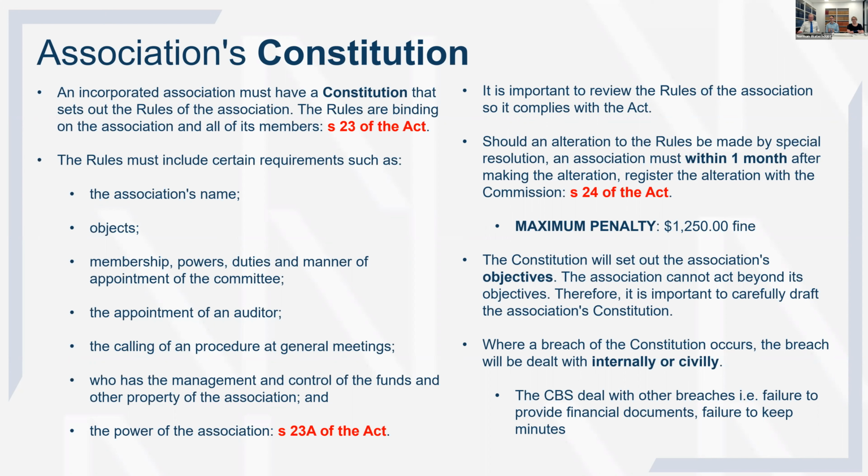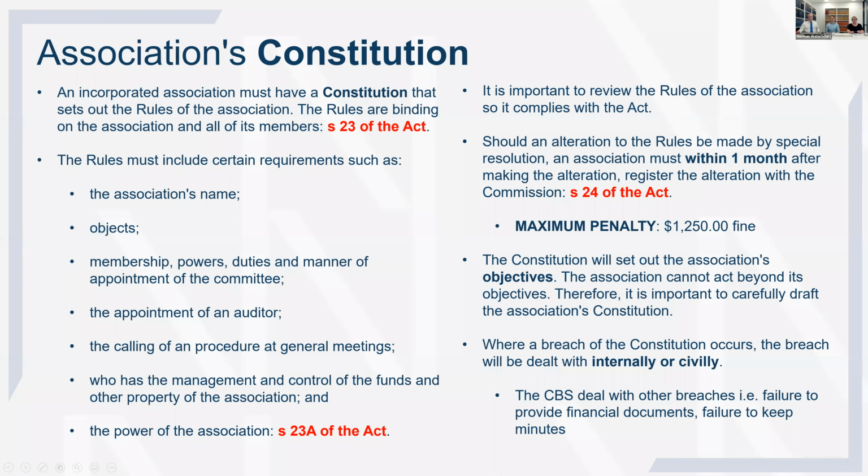It's important that an association does not go beyond those objects, otherwise they could be in breach of their constitution. Any breaches of the Constitution could be dealt with either internally in accordance with the rules of the association or civilly. The Commission will only really deal with serious breaches such as failure to provide financials or failure to keep minutes. So just keep that in mind if you need to revisit and change anything in your Constitution.